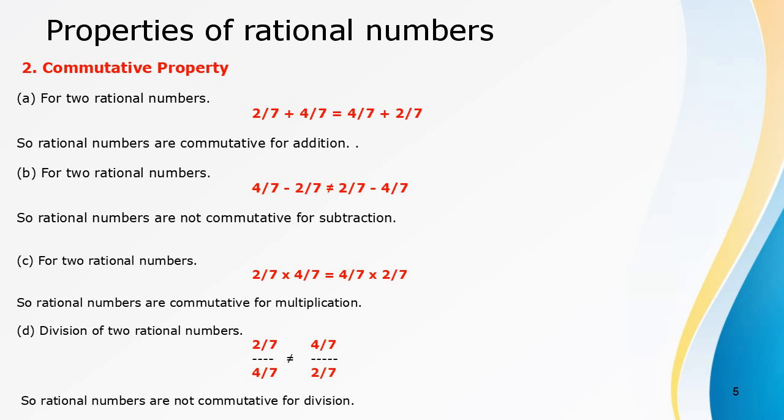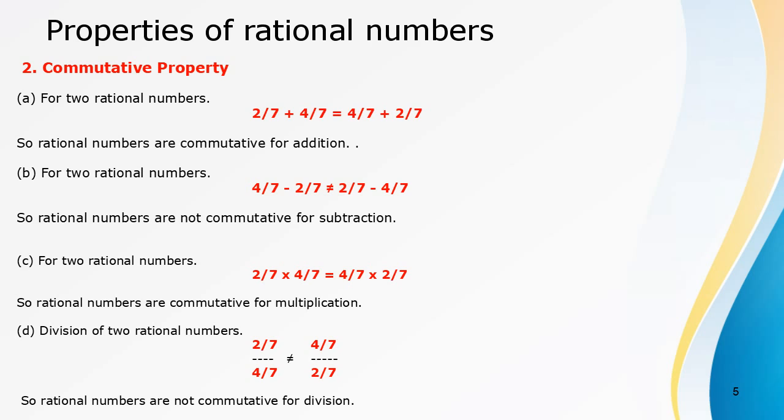Let us see the commutative property. For two rational numbers, 2 upon 7 plus 4 upon 7 will be equal to 4 upon 7 plus 2 upon 7. So we can say that rational numbers are commutative for addition, but it is not true for subtraction, as 4 upon 7 minus 2 upon 7 will not be equal to 2 upon 7 minus 4 upon 7.